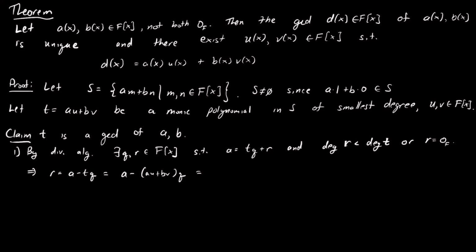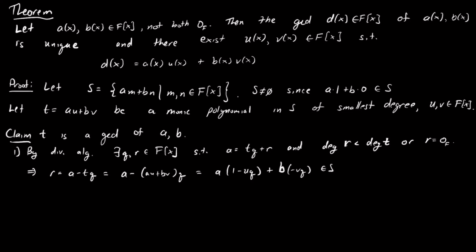Well, if I rewrite this, this is going to be a times (1 minus uq) plus b times (negative vq). And I might notice that 1 minus uq is a polynomial, negative vq is a polynomial. So what do I have? I have that r is a times a polynomial plus b times a polynomial. So r must be an element of S, right? So I could take m to be 1 minus uq and n to be negative vq, and I see that r is an element of S.